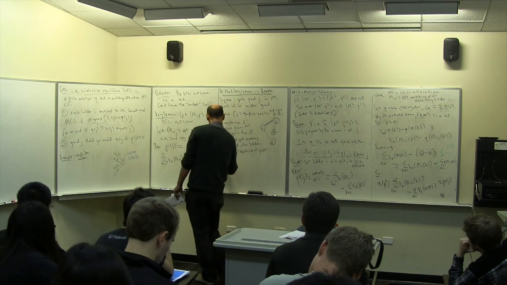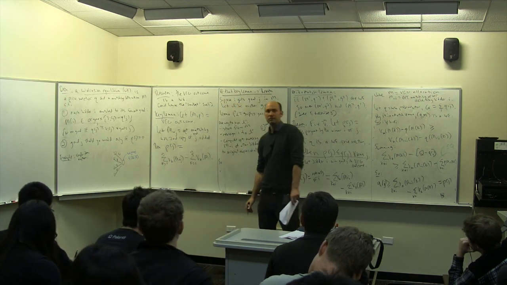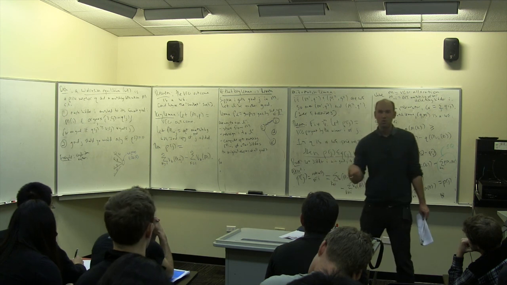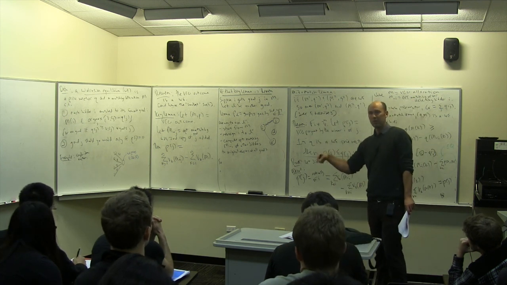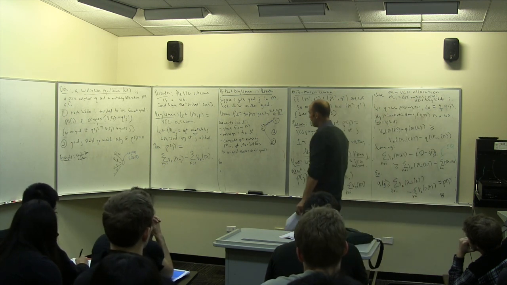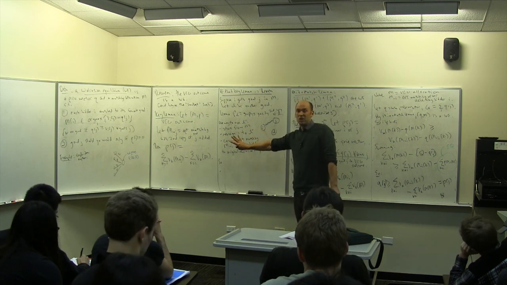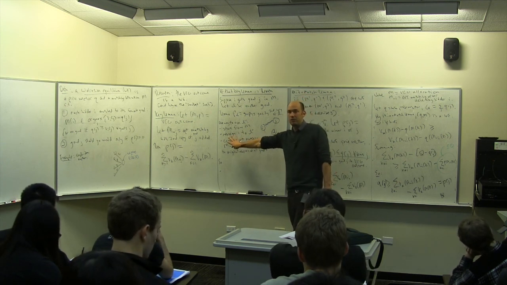So remember, P sub L is the surplus gain that we get by re-optimizing with an extra copy of L. I'm giving you a feasible allocation, so that's a lower bound on the surplus gain you can get.